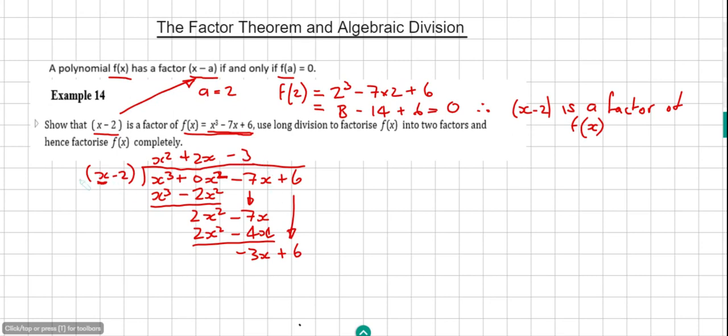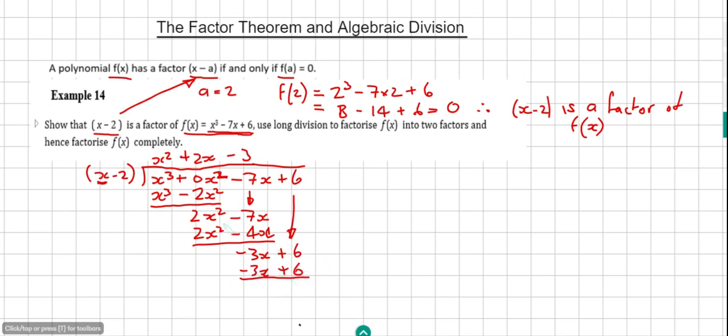So then we work backwards. We say, well, what's minus 3 times the x? The answer is minus 3x. And what's minus 3 times minus 2? It's plus 6. So then we can subtract those.